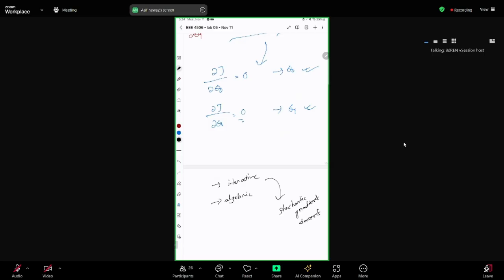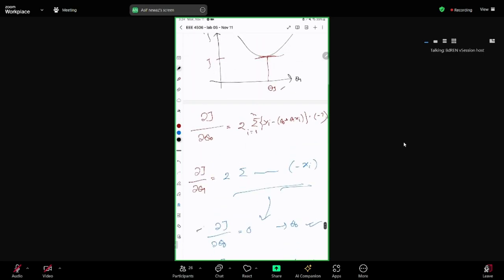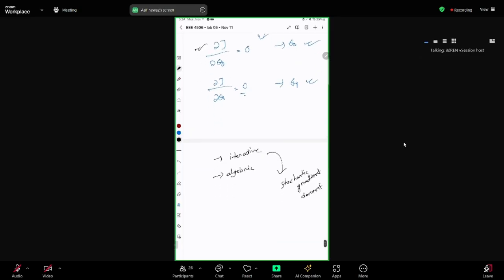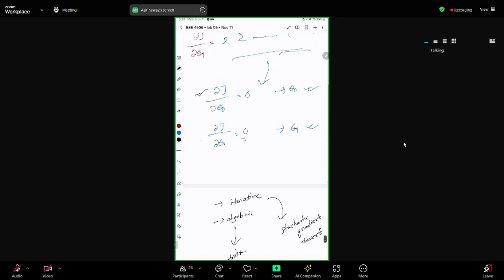It tries to reduce the gradient gradually to find the minimum. As you can see, this is your gradient. So that is stochastic gradient descent, and it works iteratively. The algebraic method, the numerical one using matrix multiplication, comes directly from this equation.